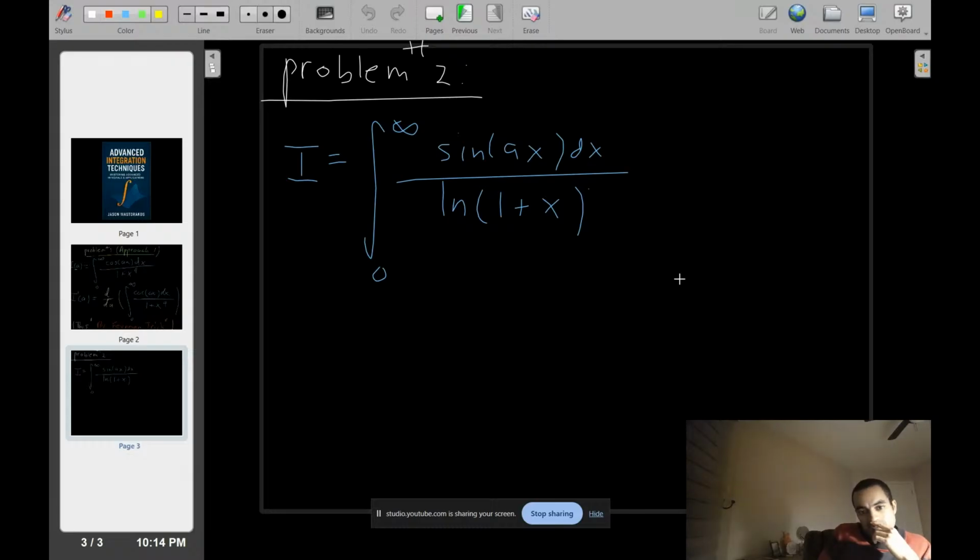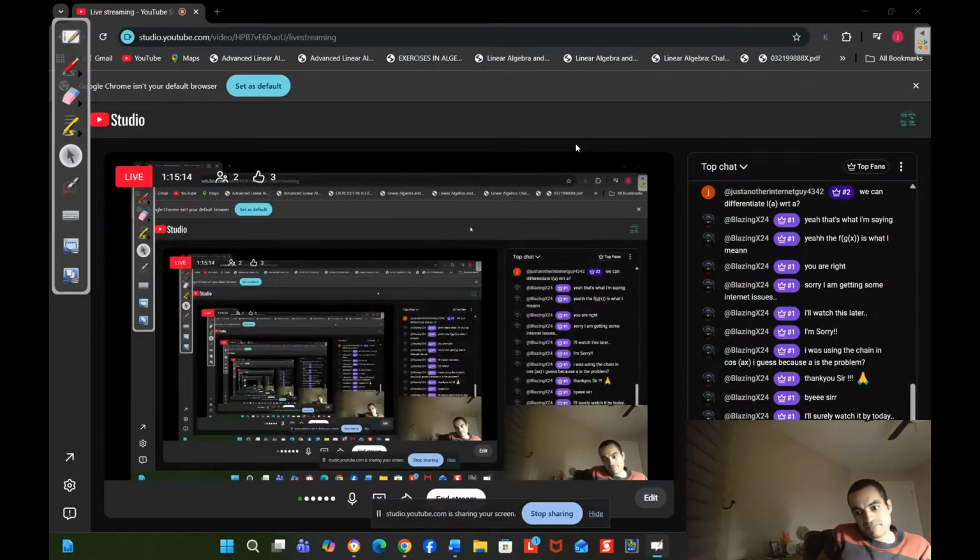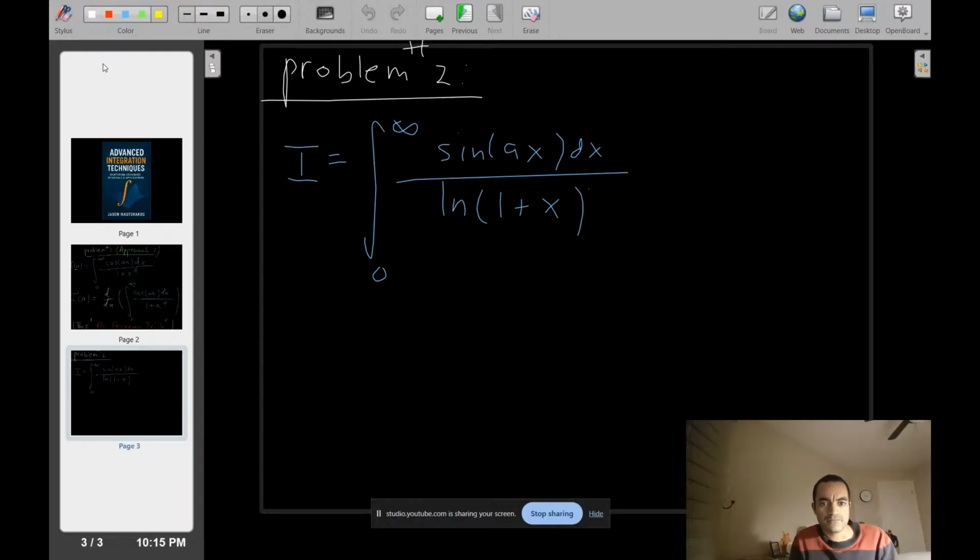Anyone know how to integrate this? Anybody at all? How to integrate sin(ax) dx over ln(1 + x).